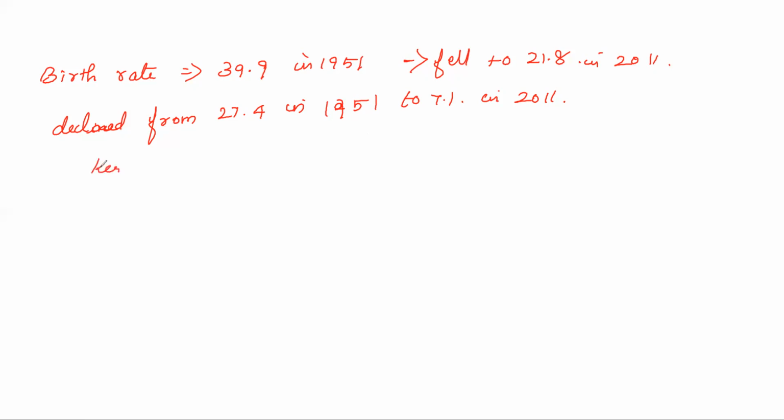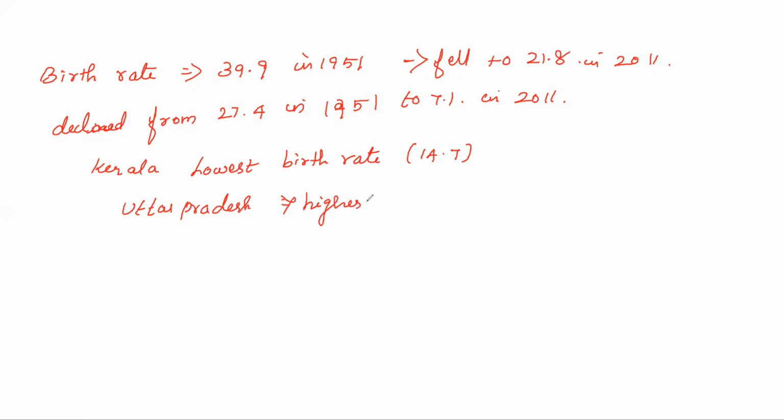Okay, Kerala தான் நமக்கு lowest birth rate, 14.7, and Uttar Pradesh highest birth rate, 29.5.